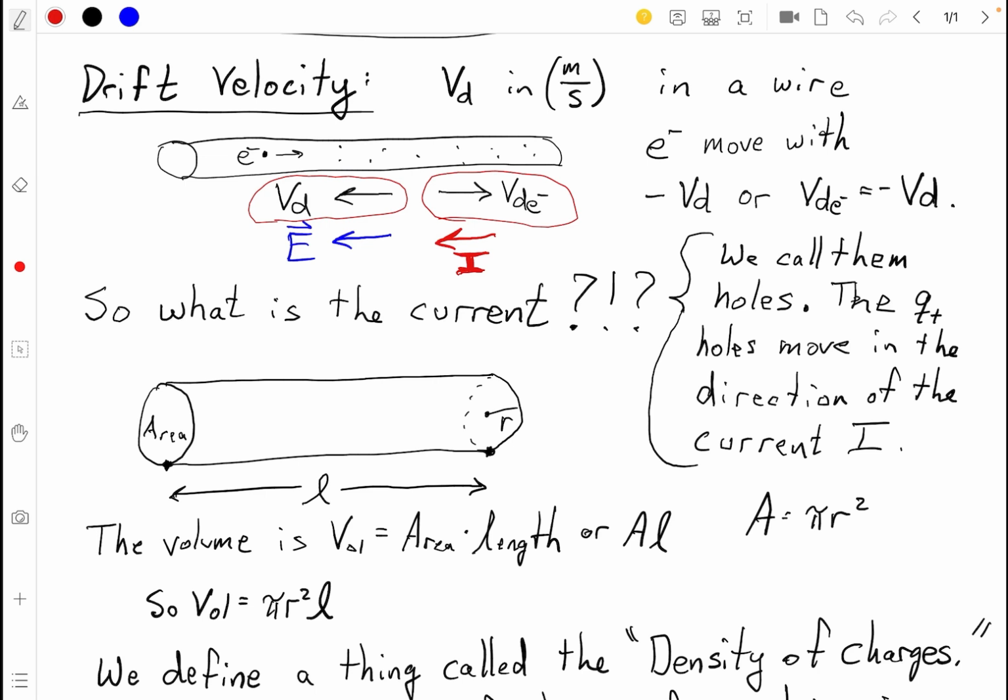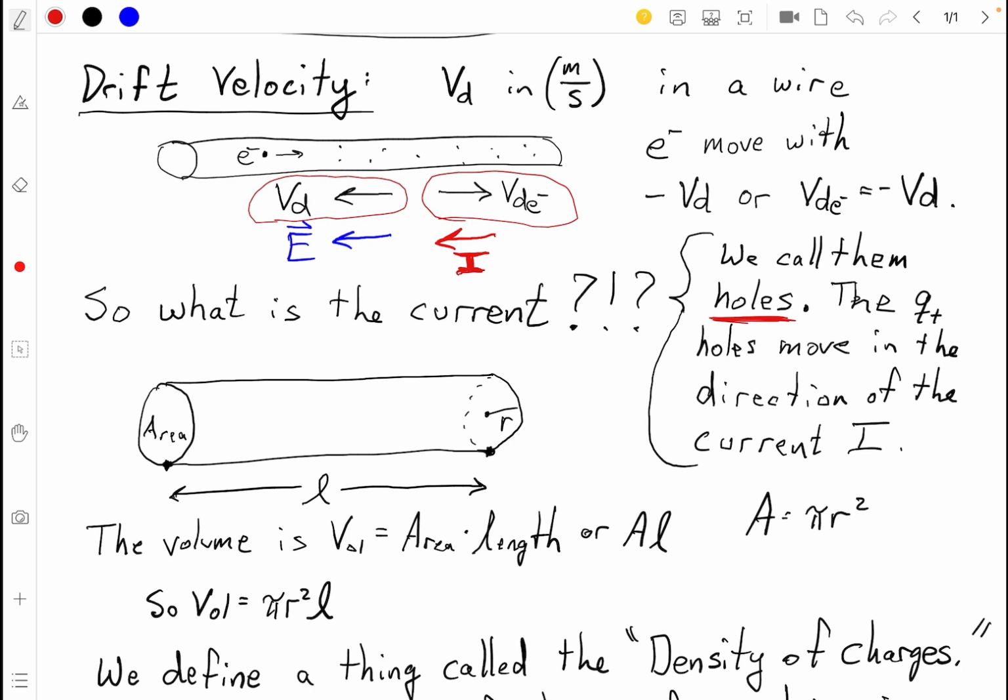Actually, what is the current? What is actually flowing? Well, it's not the electrons. We know the electrons are going the other direction. So what do we have? We have things that we call holes. Okay, holes. So the hole is just like an opposite of the charge going in the other direction.